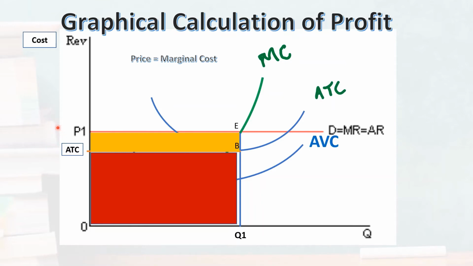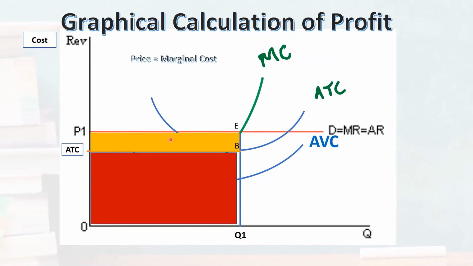So height is equal to P1 minus average total cost. This is going to be the height, and then Q1 is going to be the width. So total profit is equal to (P1 minus ATC) times Q1.